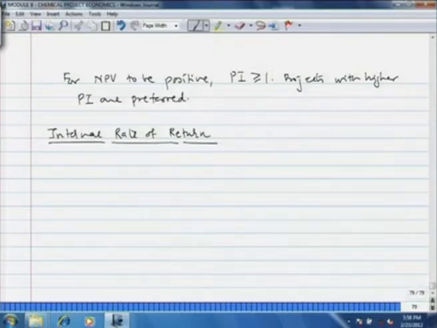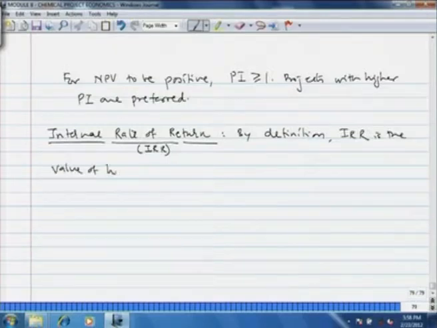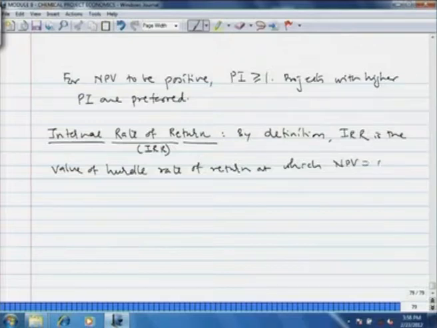And by definition, the internal rate of return, which we denote by acronym IRR, is the value of hurdle rate of return at which the net present value is 0.